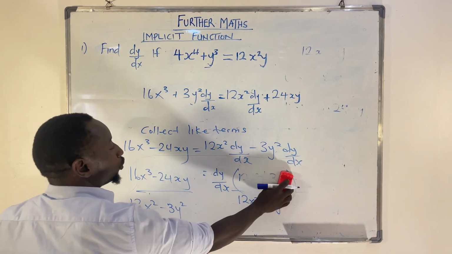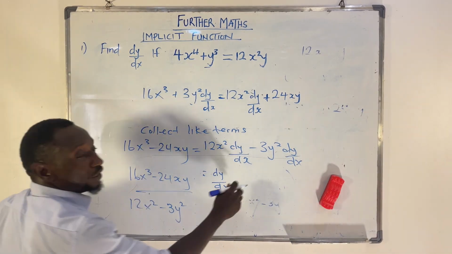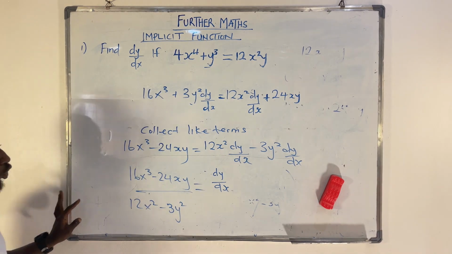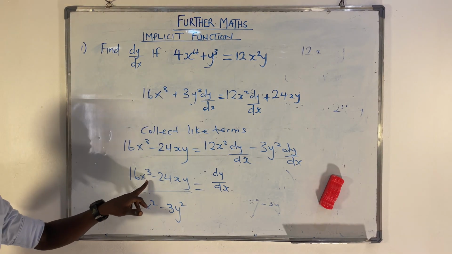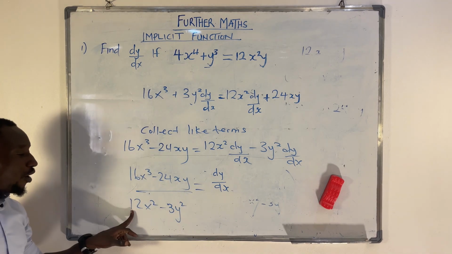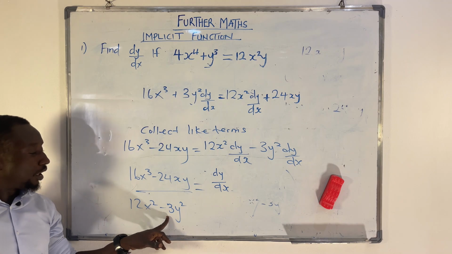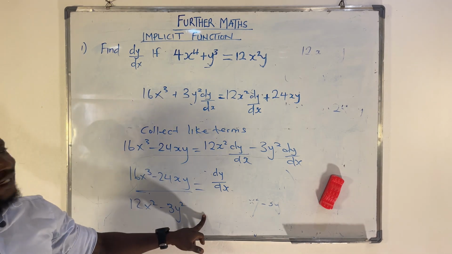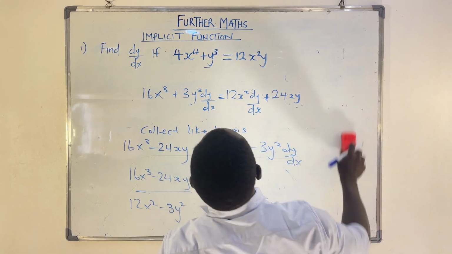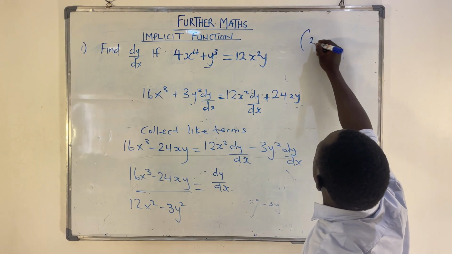Now, when you cancel, you are left with only dy/dx on the right-hand side. So this is now the value of your dy/dx. So your dy/dx is 16x cubed minus 24xy over 12x squared minus 3y squared.